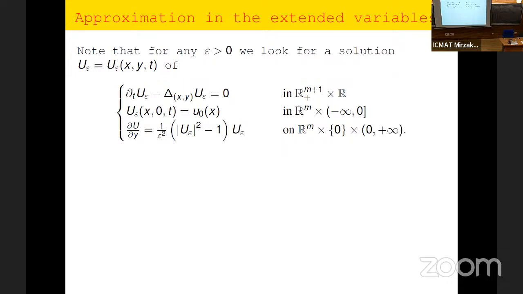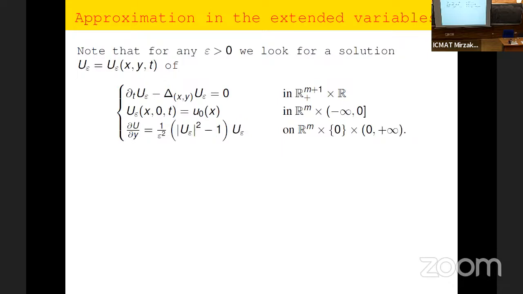Okay, so what shall we do with this problem now? Well, one can show, for instance, that for any epsilon positive, you can construct a solution of this system, and the essential tricks are two. First, you can reduce this problem to a real Cauchy problem, since this u0 does not depend on t.